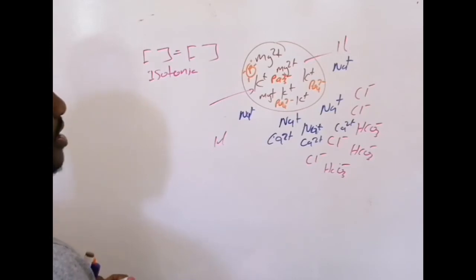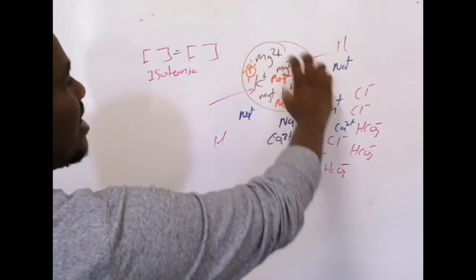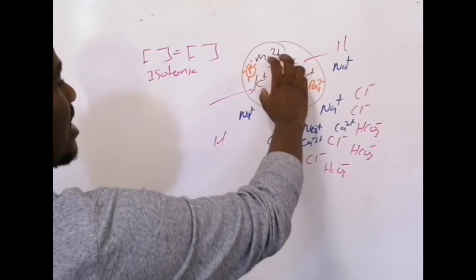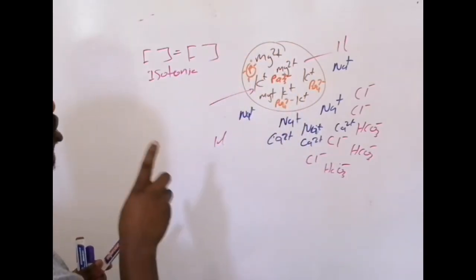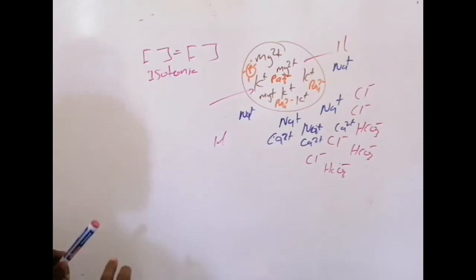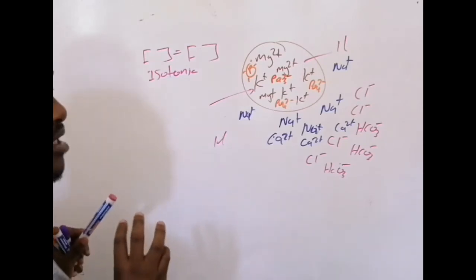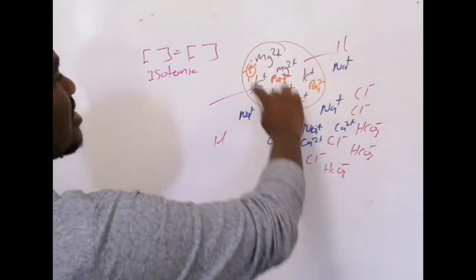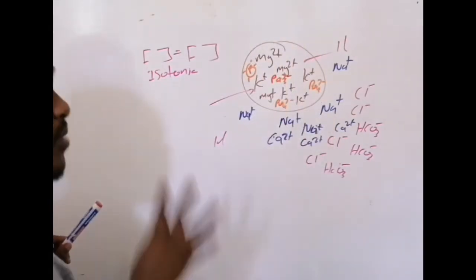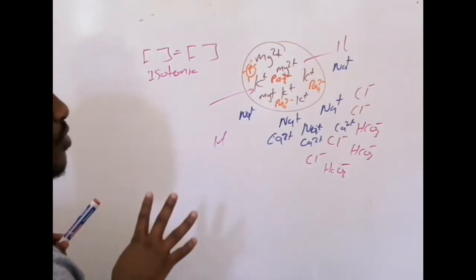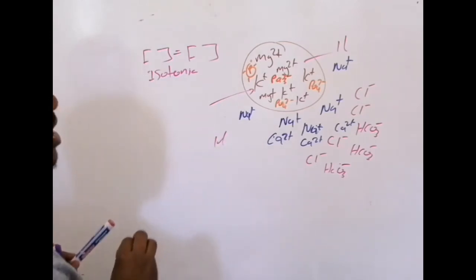Then you are able to keep the amount of water in the intracellular space constant. Because if you've got a positive net movement of water, this cell is going to swell up and burst. We are going to talk about what happens when you've got that kind of situation.